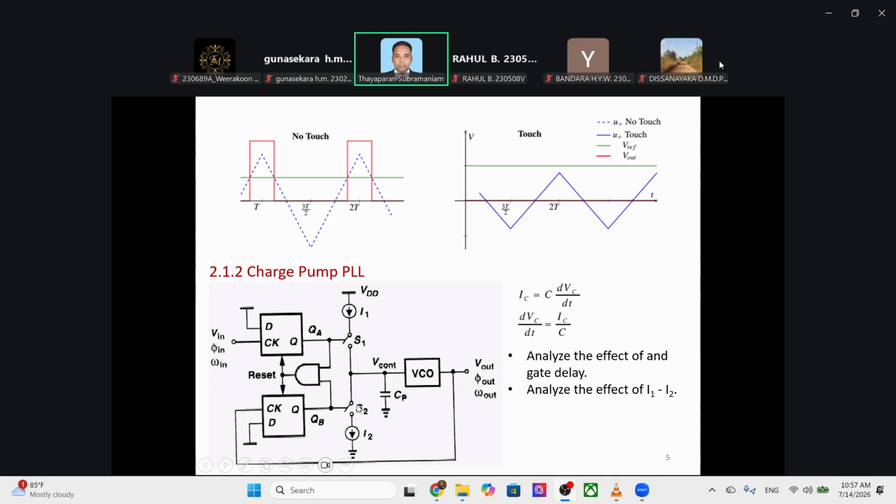When both switches are closed, this becomes the midpoint. This current goes through this, but the potential here will have some imbalance. There is some effect, but we ignore that effect here.